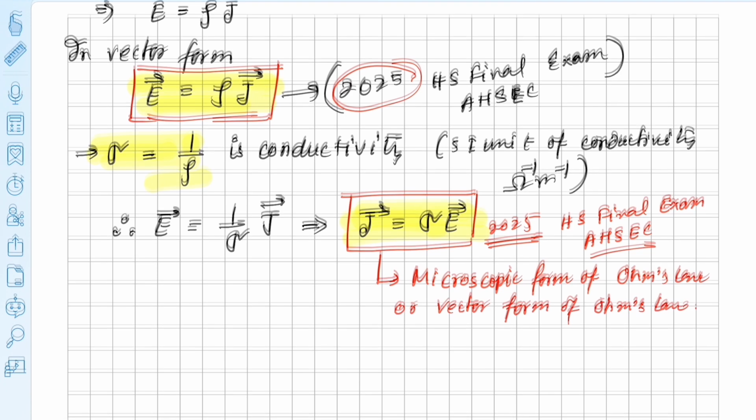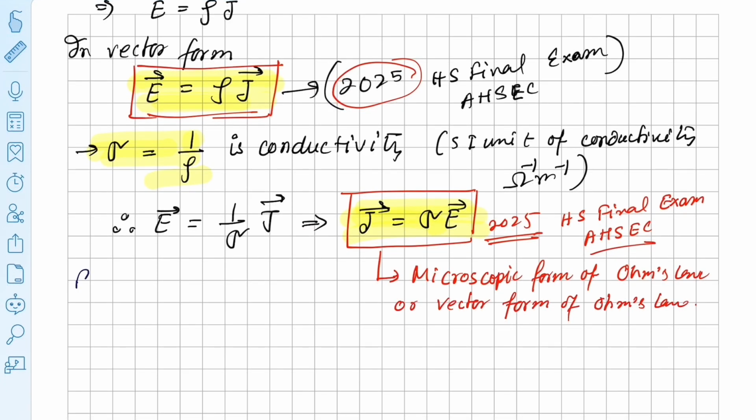Now you see, we know the relation between the drift velocity and electric current. Let me write this way.